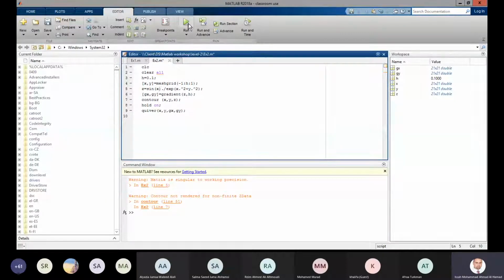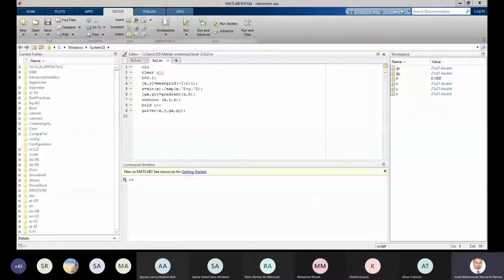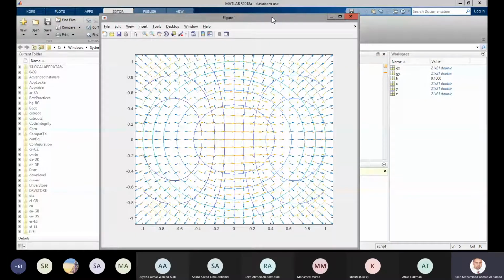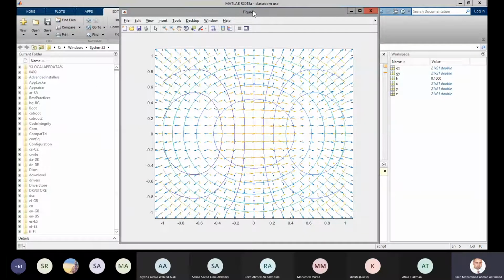So let's make dot, for example, and see what happens. Okay, so the figure is here. This is the derivative of sine x divided by e to the power x plus e to the power x square plus y square. Contours and quivers.